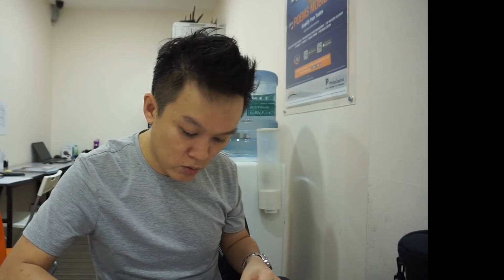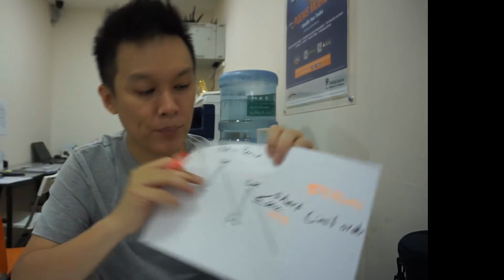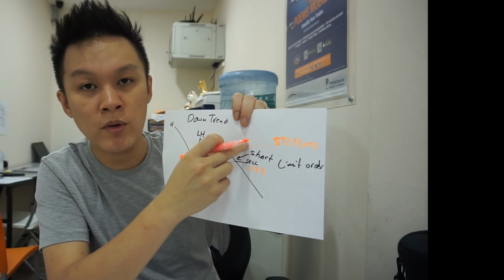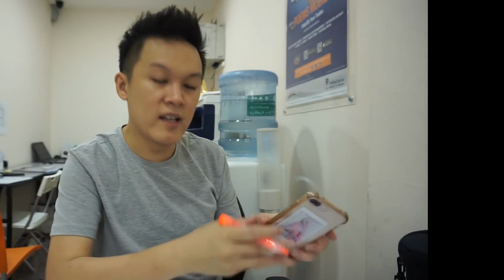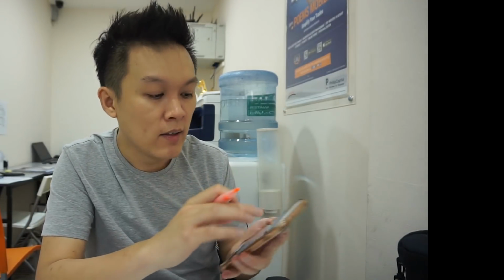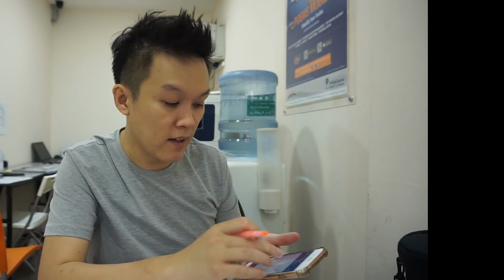At 222 you sell. At what price will you buy back if you are wrong? After I key in this order and my order gets done, I will key in another order immediately, called a stop limit order.